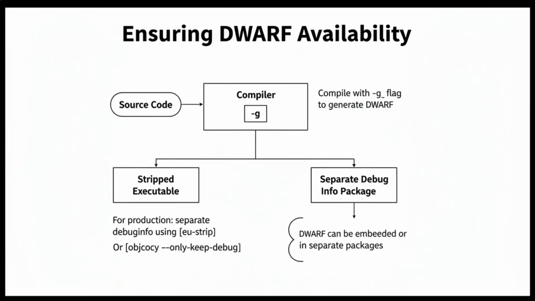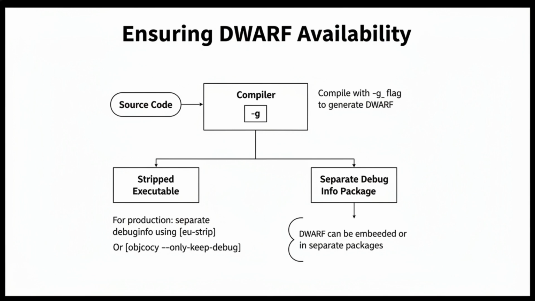For perf to leverage DWARF, you need to ensure it's generated during compilation and accessible during analysis. The most common way to generate DWARF is by compiling your code with the -g compiler flag. This embeds debug information into your executable. In production environments, however, it's often desirable to strip executables of this bulky debug info to reduce file size and potential attack surface.